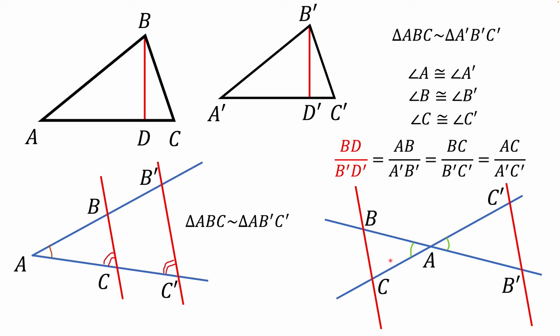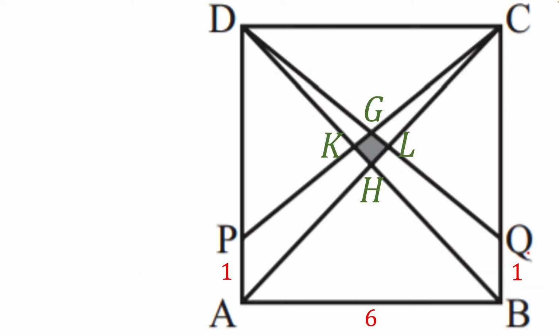Then again, we can pick either C or B. Let's pick C and C prime. Those are congruent because they are alternate interior angles for two parallel lines. All right, those are typical arrangements which we should always look for when we are trying to solve a geometric problem. All right, let's go back to our problem.